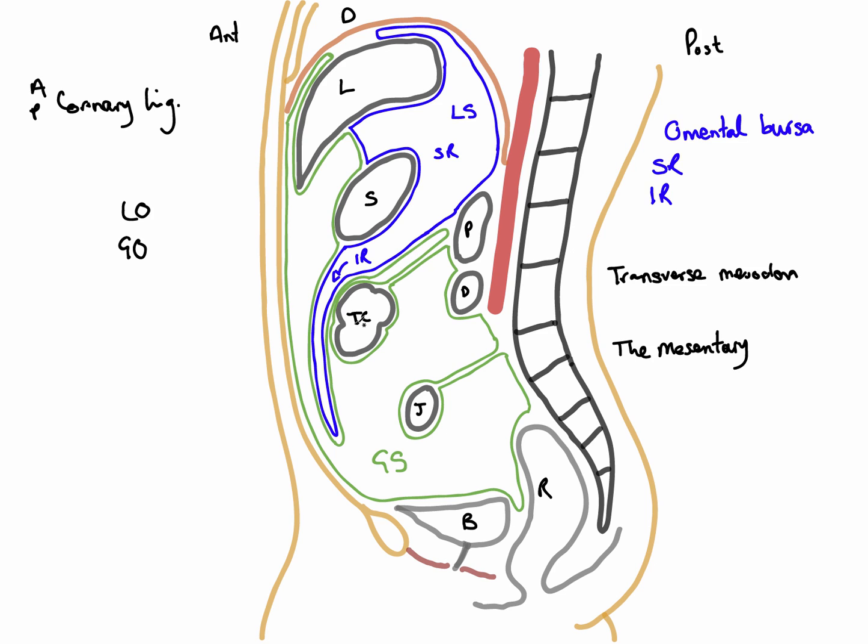If we're inferior to the transverse colon, you can see there's 1, 2, 3, 4 layers of peritoneum. Now in life, these layers will fuse together. So the inferior recess is really just a potential space, as the greater omentum will fuse. But we do have these 4 individual layers, and it's important you appreciate how they come to form these various ligaments and mesenteries.